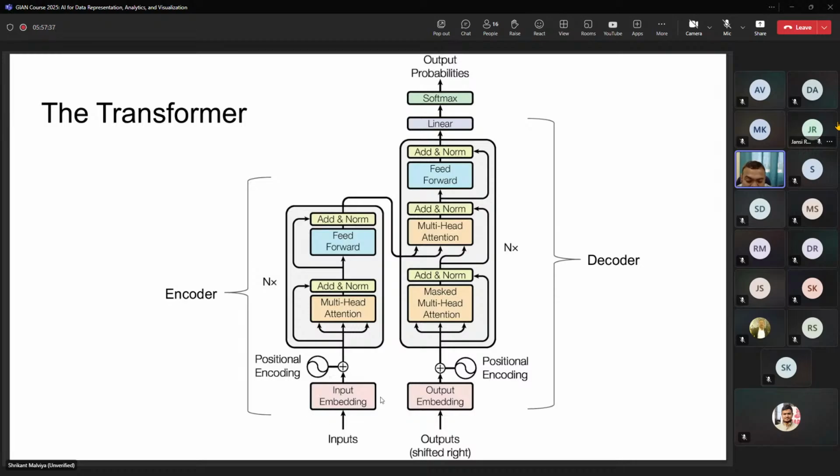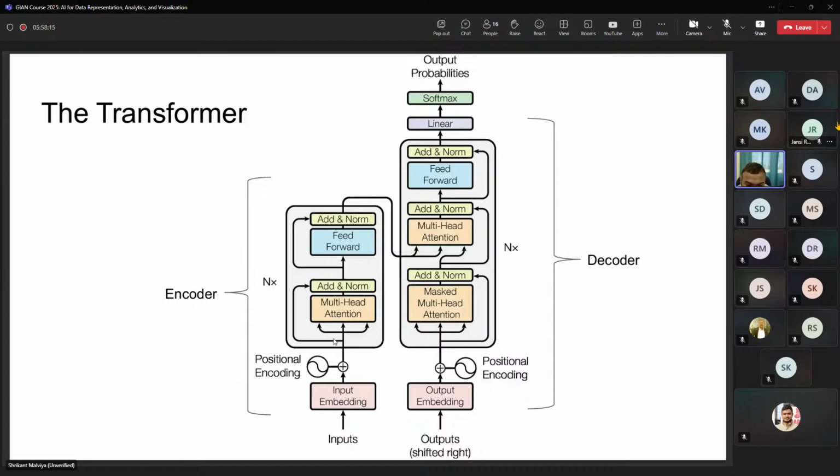Because those embeddings do not carry order information, like which particular word is occurring at which location in the sequence, summing up the positional encoding is necessary here. That positional vector is added to each word embedding, and that summation is processed by all the encoding layers and given to the decoding part.